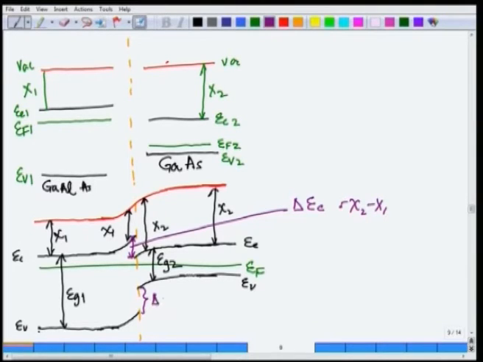This is clearly delta Ev. Now if I draw only the black lines, this band diagram looks something like this. I am just copying this for your convenience, with a little bit of clarity. It looks something like this.